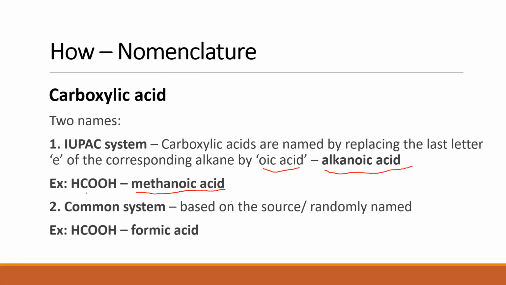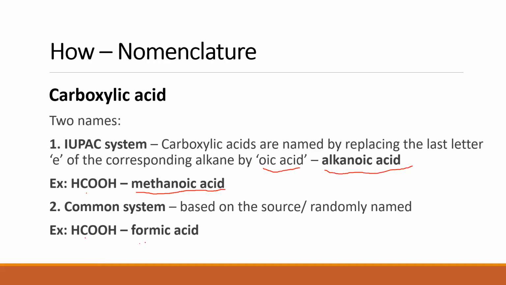Let's look at the common system. In the common system, we have studied that it is based on the source. Again, it is randomly named, just like how aldehydes are named. You remember this compound? We just spoke about it when we named aldehydes. Yes, this is methanoic acid, which contains only one carbon atom.